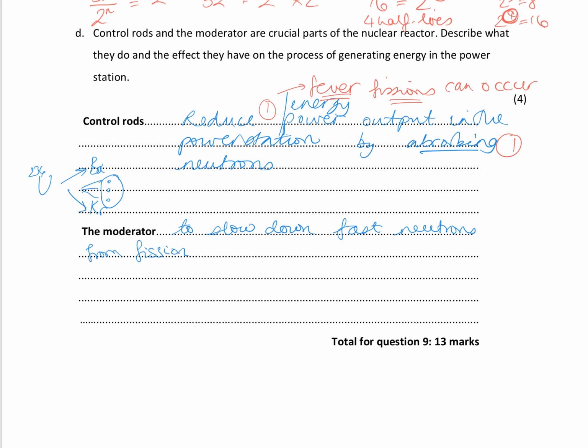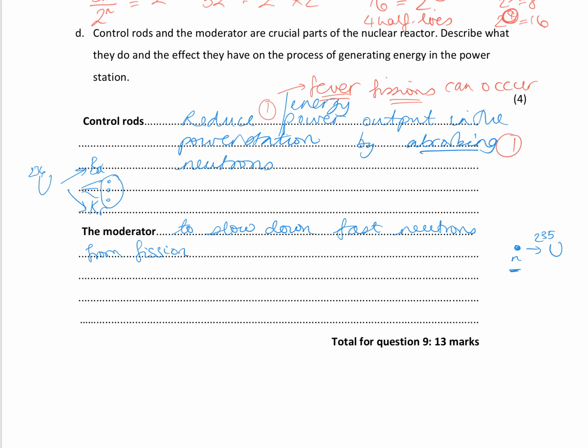If you noticed on the previous page, I said that we slowed down fast neutrons. We said that a slow neutron was absorbed by uranium-235. So you have a neutron that is absorbed by a uranium-235, and it produces uranium-236.